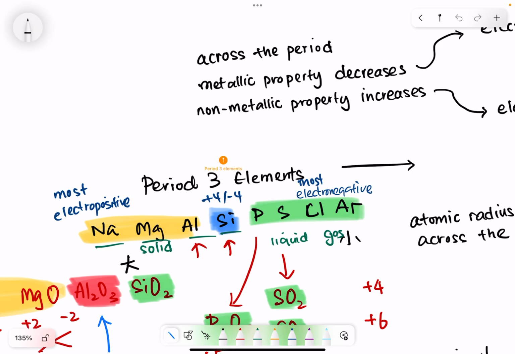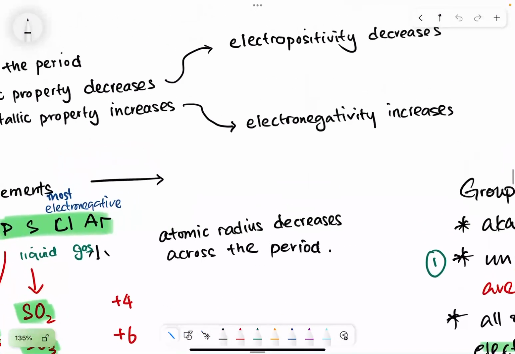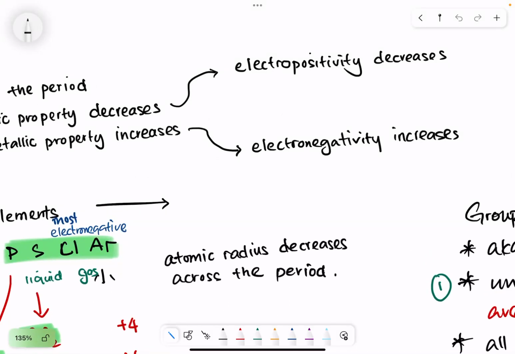However, it is going to be easier to attract electrons, which makes the non-metallic property increase in here. There's a term that is used frequently as well, known as electropositivity and electronegativity, which mean the tendency of losing electrons and gaining electrons respectively.